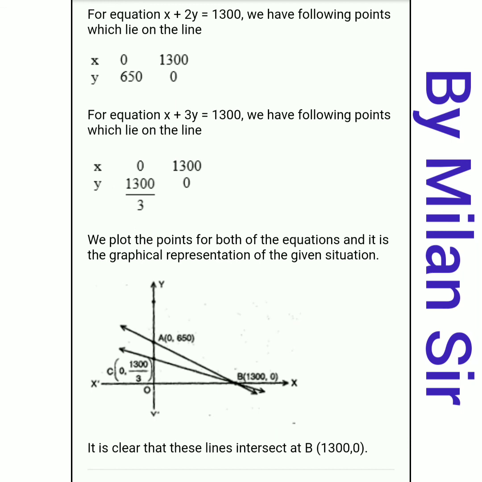Now if we want to find the solution of this question, the solution is 1300 and 0, because the solution means the intersection point of both these lines. We observed from the graph that the intersection point of these lines is 1300 and 0.